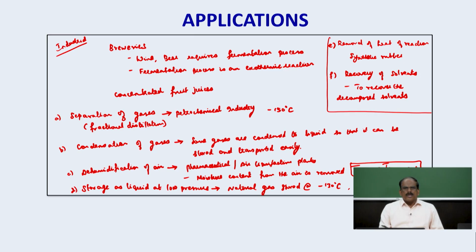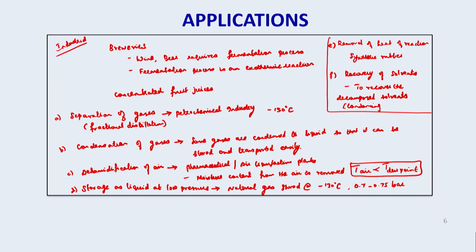When it comes to the recovery of solvents, I told you that in some chemical processes, the solvents normally get evaporated or decomposed. So that can be recovered using the refrigeration process by condensing at low temperature. So that point I would like to add.